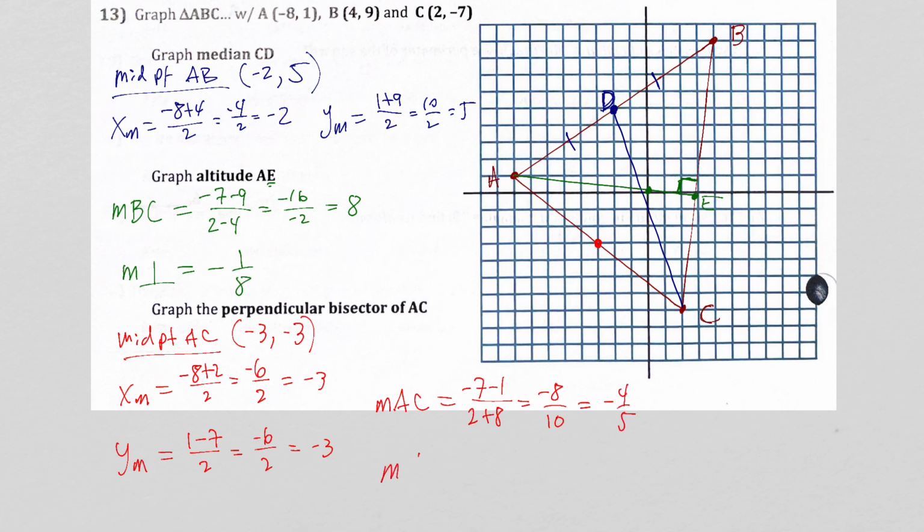That tells us that the perpendicular is the opposite, so it's positive, reciprocal, so 5 over 4. So starting from this point, we're going to rise 5, 1, 2, 3, 4, 5, and we're going to run 4, 1, 2, 3, 4, and we get to right here. So now we're going to grab a ruler and draw a line through those 2 points.